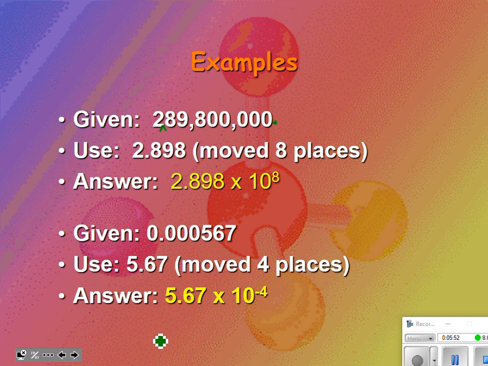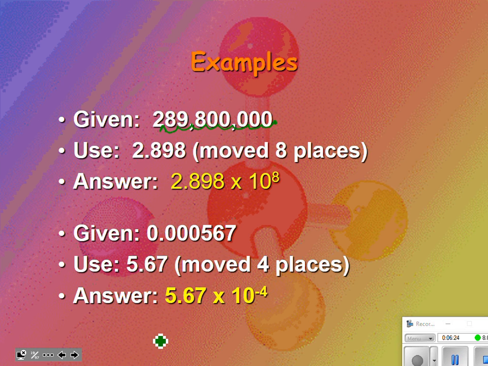Because you're going to see later on this week, due to significant figures, those zeros are only placeholders. They are not significant. So, I need to count how many places that I moved the decimal. How I do that is I just jump it: 1, 2, 3, 4, 5, 6, 7, 8 places I move that decimal point.